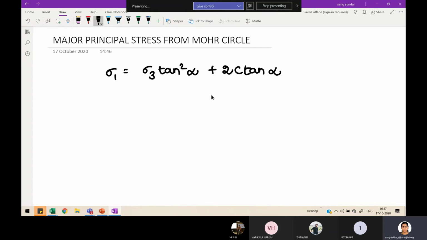Okay, so the Mohr-Coulomb failure envelope. Let's draw the Mohr-Coulomb failure envelope, so as to get it even accurately.